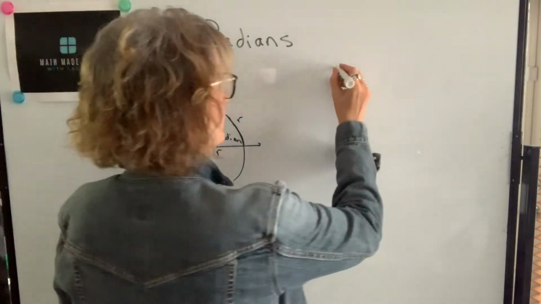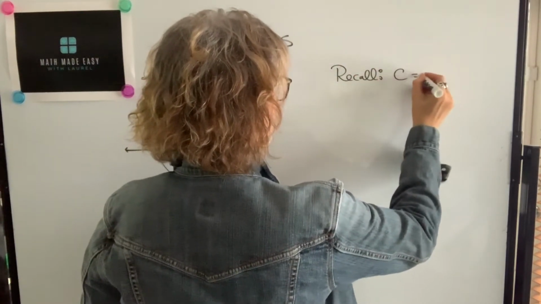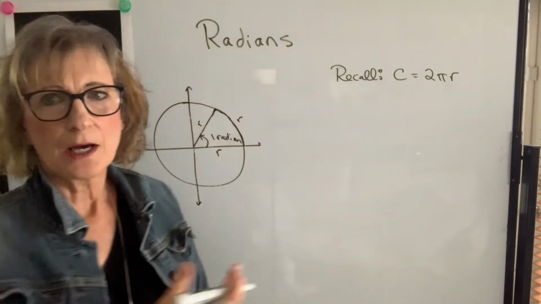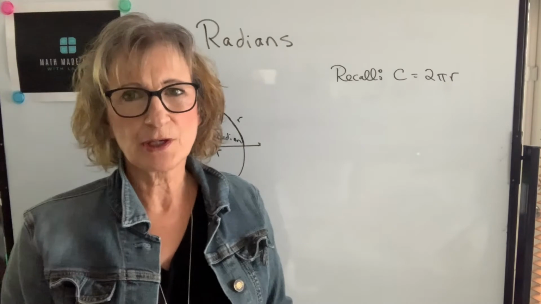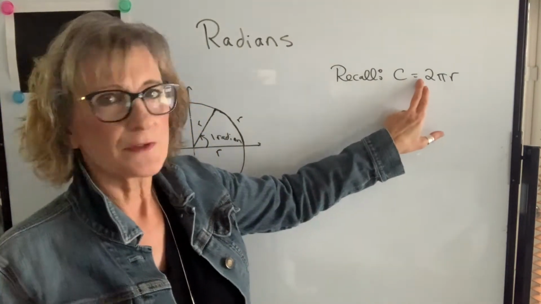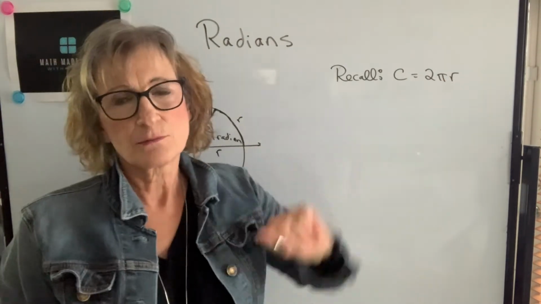So one thing that you would have learned previously is the circumference of a circle. I just want to review that because it might help you understand radians a little bit better, or at least understand the value. So we know that the circumference of a circle is 2 times pi times the radius.